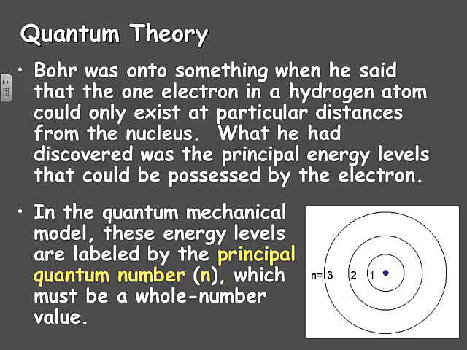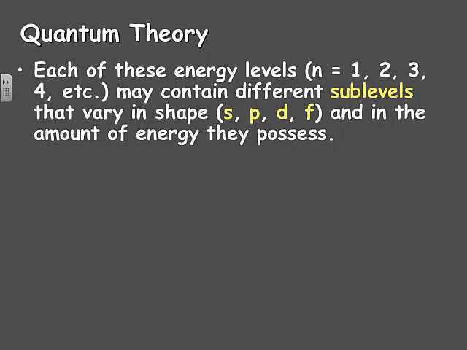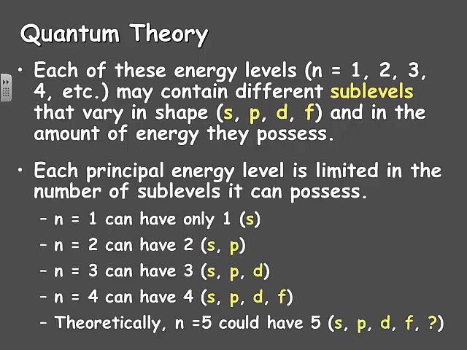Now, each of these energy levels may contain different sublevels, and those sublevels vary in shape, and they also vary in the amount of energy that they possess. Now, each principal energy level is limited in the number of sublevels it can possess. At the first energy level, with a principal quantum number of 1, it can only have one sublevel, and it's called the S sublevel.